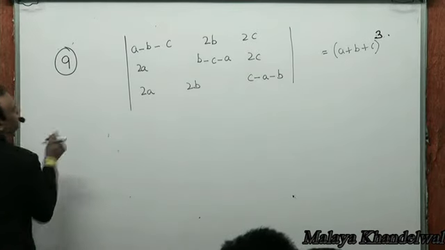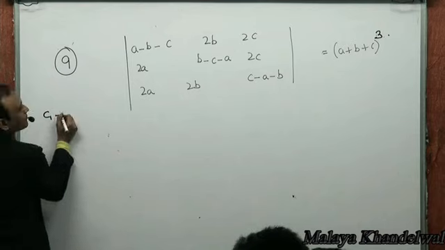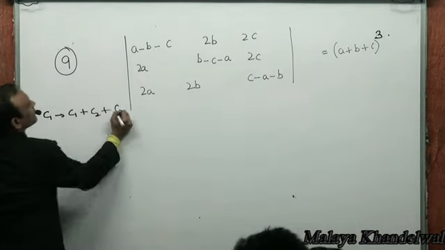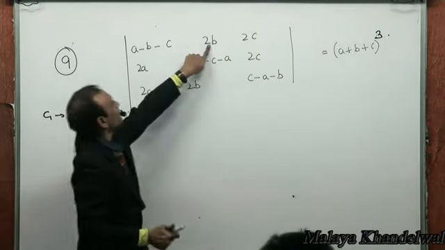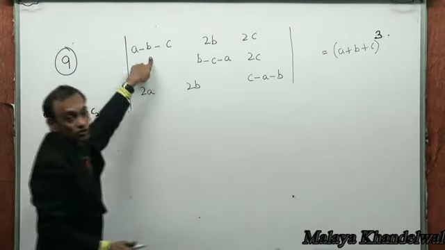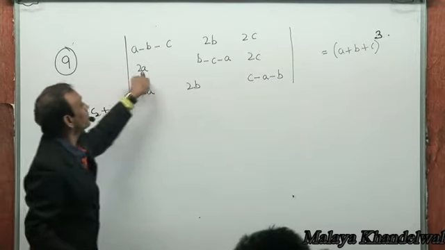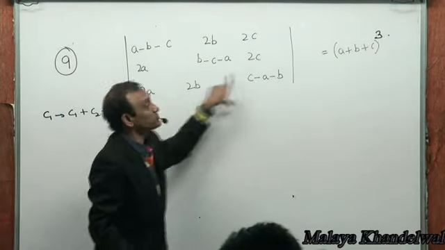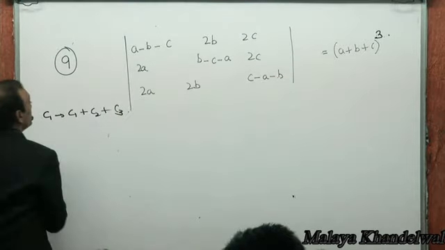So see, column 1, column 2 plus column 3. This will become A plus B plus C, yes or no? This will become A plus B plus C. This will become A plus B plus C is what this would become, right?